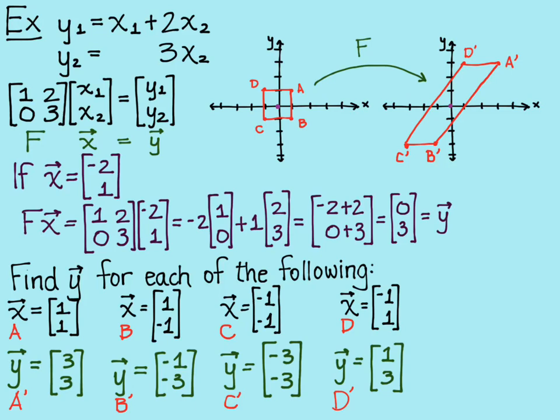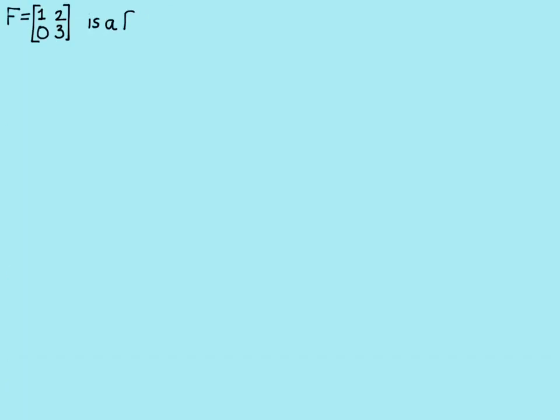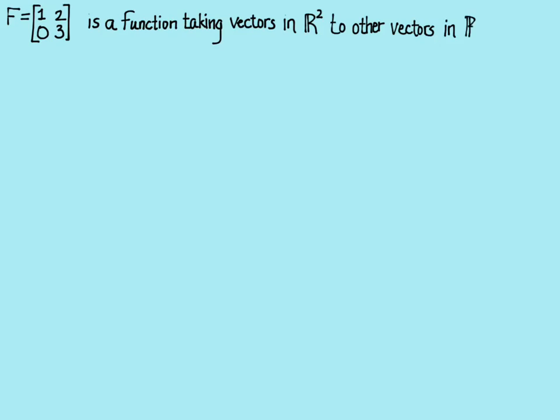And so we can treat F as a function. It maps points in R2 to different points in R2. So once again, we're looking at F as a function taking vectors in R2 to other vectors in R2. And so we're going to call this function T sub F. And you might have seen this notation for functions before.